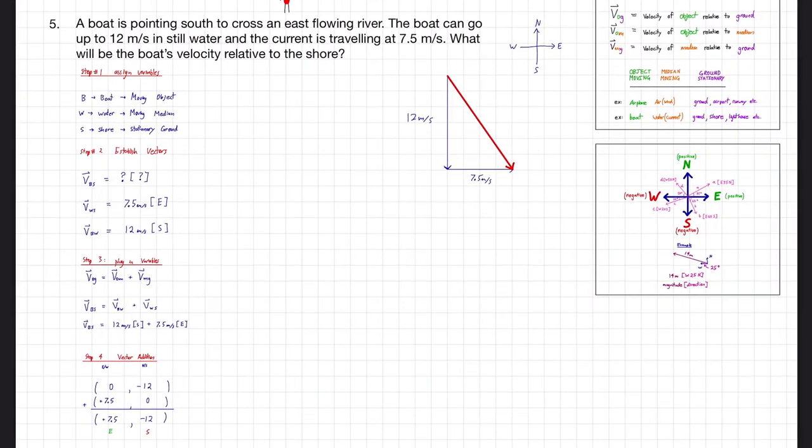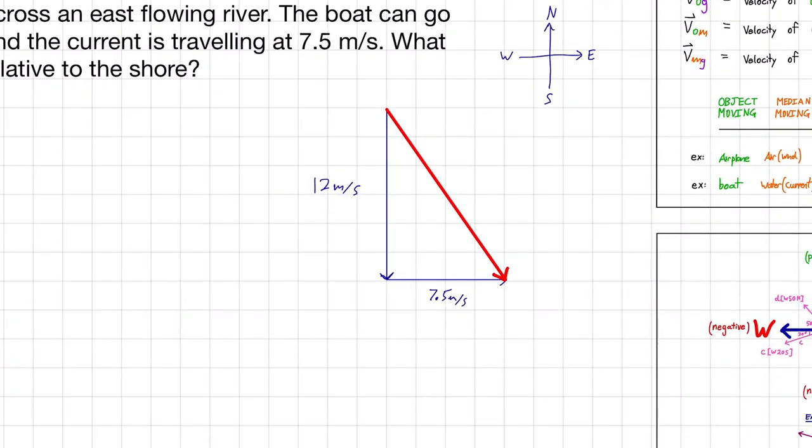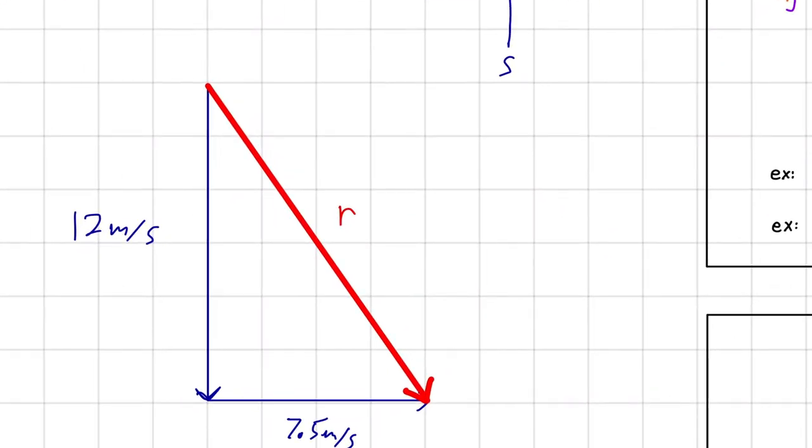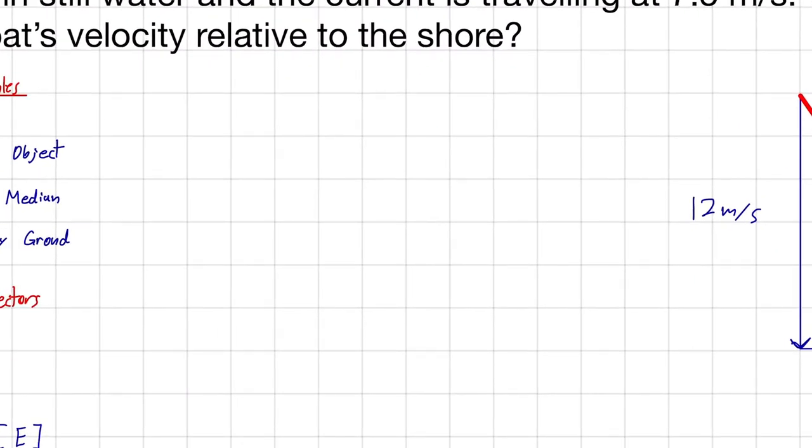So what we want to do now is find the magnitude R of this resultant vector. R is the resultant vector, and we want to know what's the magnitude. So let's find that in step 5.